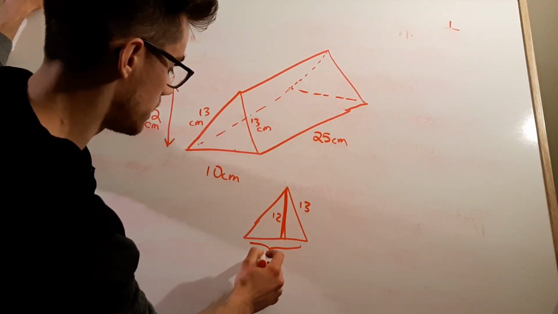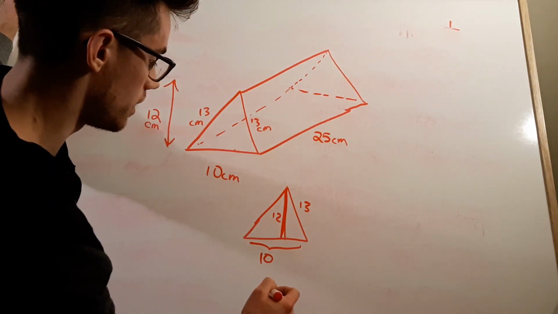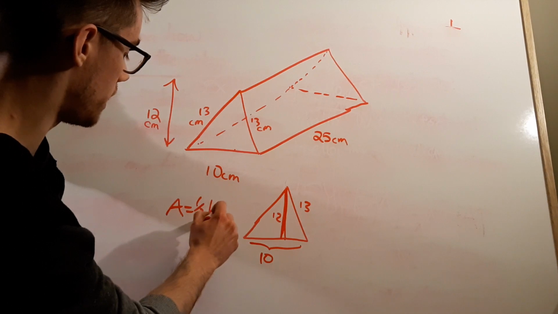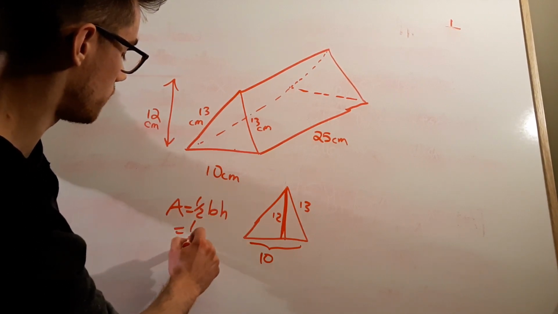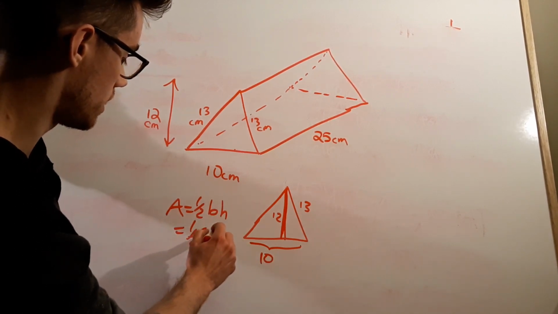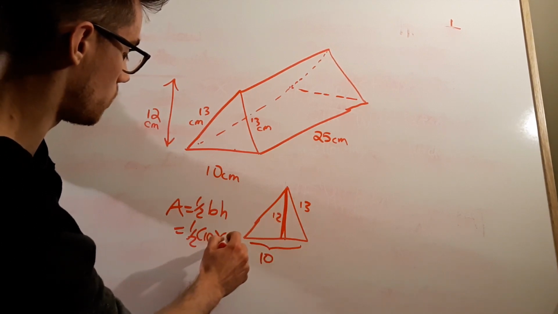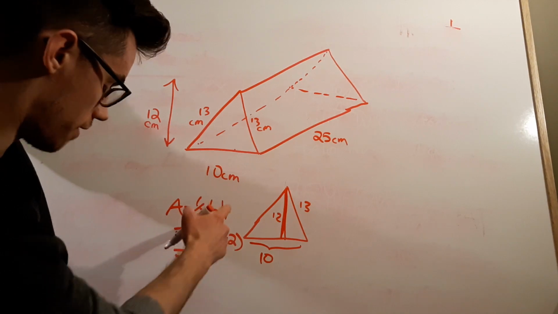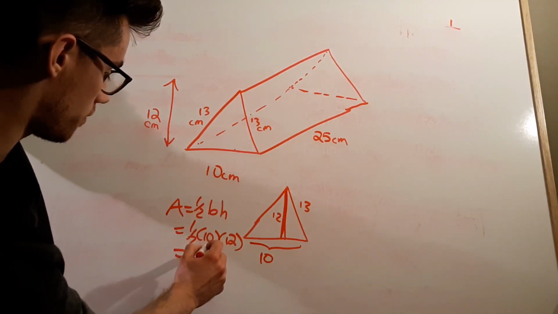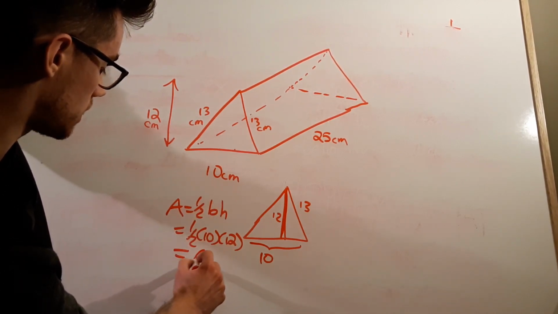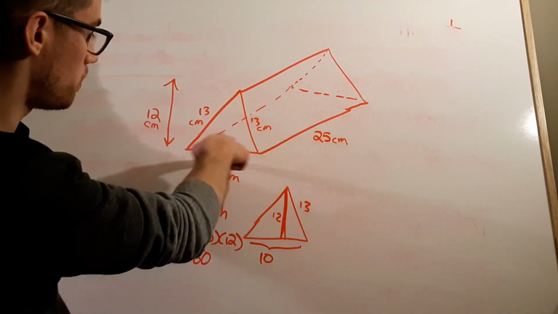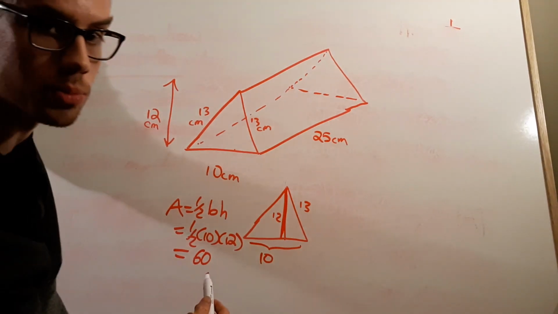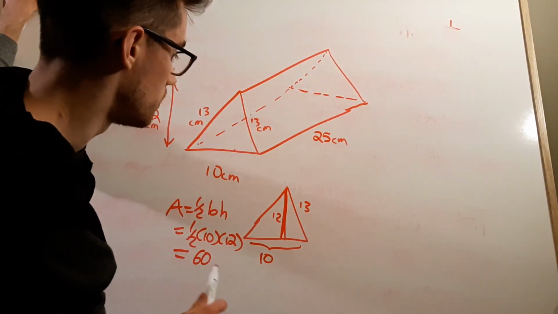Because this base is 10 centimeters here, we have that the area is 1/2 base times height, which is going to be 1/2 times 10 times the height, which is 12. So I see that that's going to be 1/2 multiplied by 10 will be 5, and then 5 times 12 will be 60. So the area of the front piece will be 60. Now, the area of the back piece will also be 60 because they're both the same triangle.